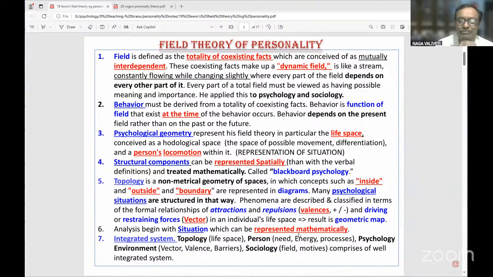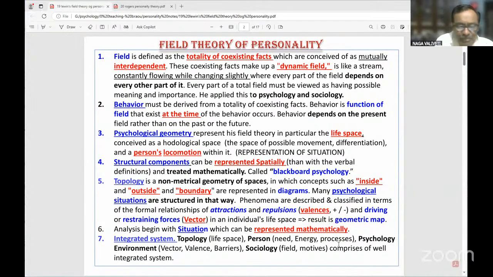Behavior is understood when you understand these coexisting facts in human psychology. Even though he says past and future have a role, more importance is given to the present, current time.